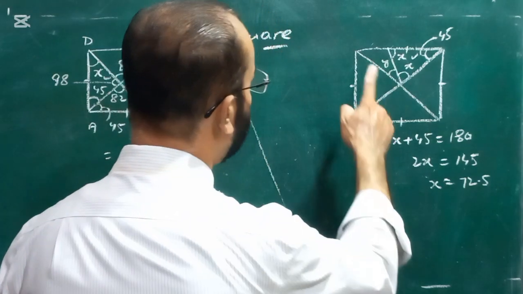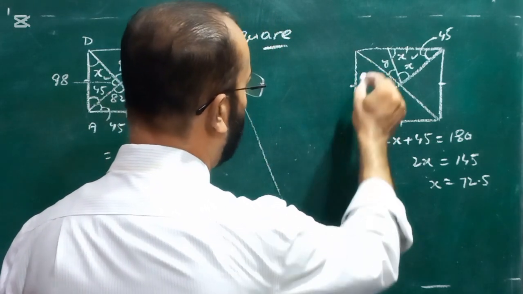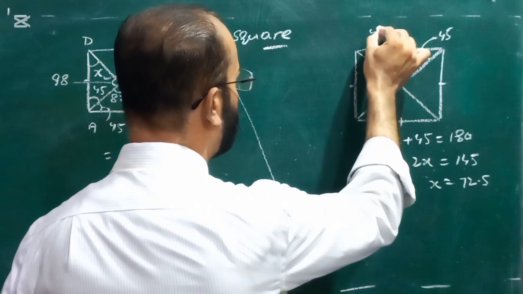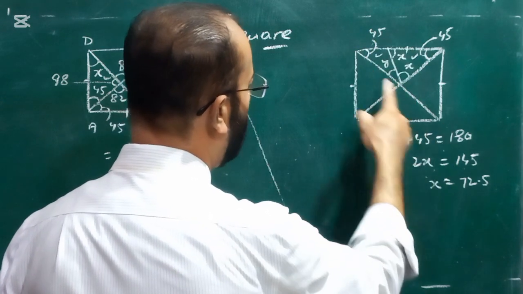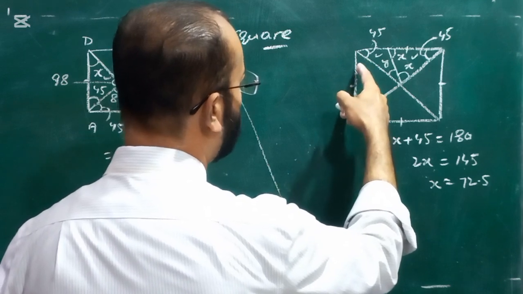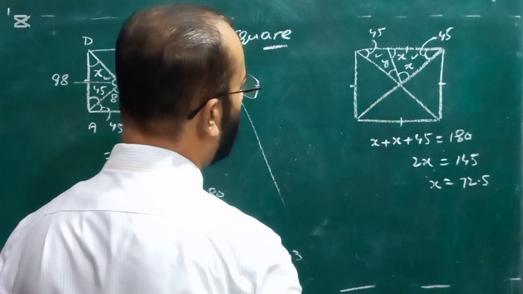Now come into this figure, into this triangle. This angle will be 45 as well, because this diagonal will bisect this angle into two halves, 45 each.